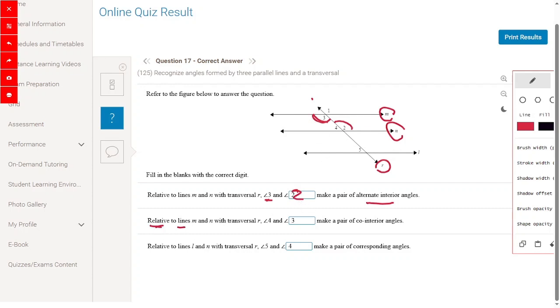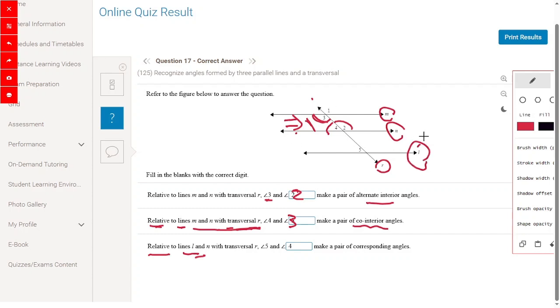Now relative to lines M and N with transversal R, angle 4 makes a pair of co-interior angles. Co-interior angles mean two interior angles on the same side of the transversal. So it will be angle 3. Now relative to L and N, where is L?